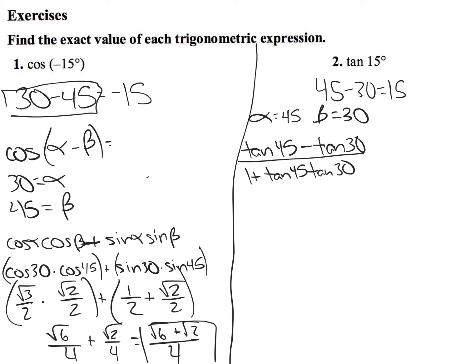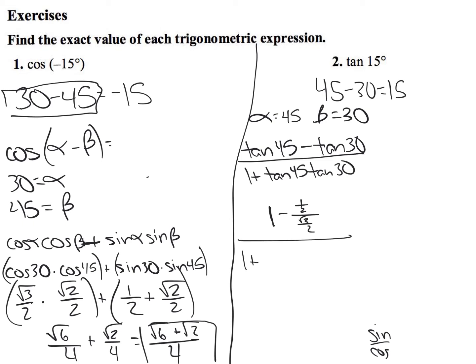Now I need to find the values. Tangent at 45 is 1, whereas tangent at 30, putting it into fraction form, is sine over cosine. So that is 1/2 over root 3 over 2. And we'll fix that in a second.